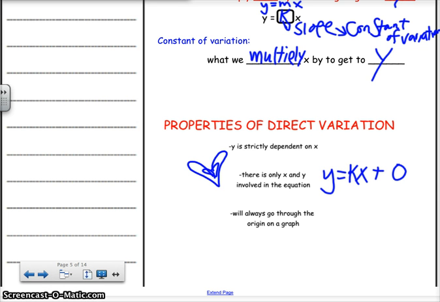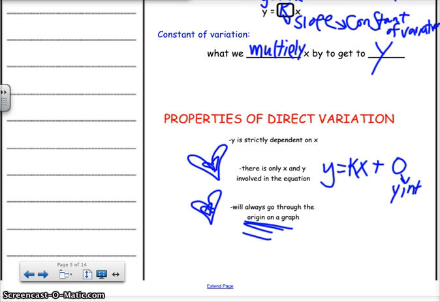If I were to graph this, my y-intercept would be 0. Which brings me to the next fact, that it will always, this is the big 7th grade standard, always go through the origin on a graph. Because I don't add or subtract anything to the x to get to the y. Okay?